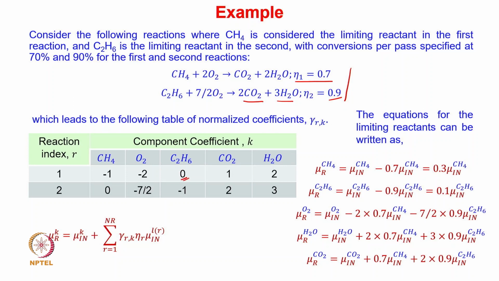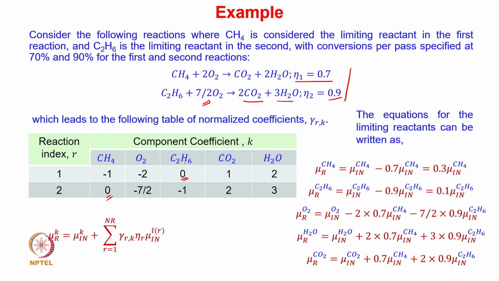Now corresponding to the second reaction, there is no CH4 in the second reaction, so its corresponding stoichiometric coefficient is 0. Then oxygen O2 is getting consumed here, so 7 by 2 is the stoichiometric coefficient, represented as -7 by 2, since it is used as a reactant.